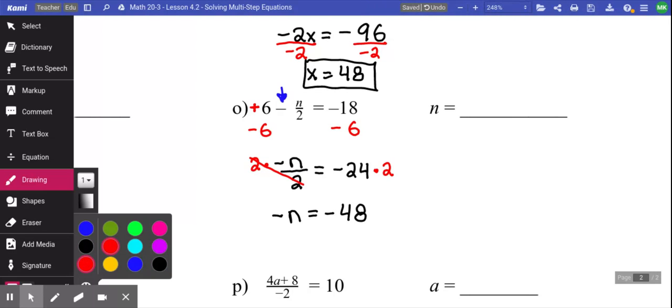We had this situation, somebody did this with a different question. That negative is like an invisible negative 1. So that's like negative 1 times n. So you need to divide that negative 1 to the other side to get n equals 48. That is a hard one.